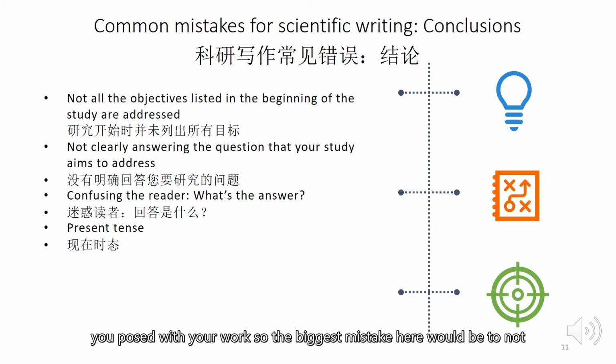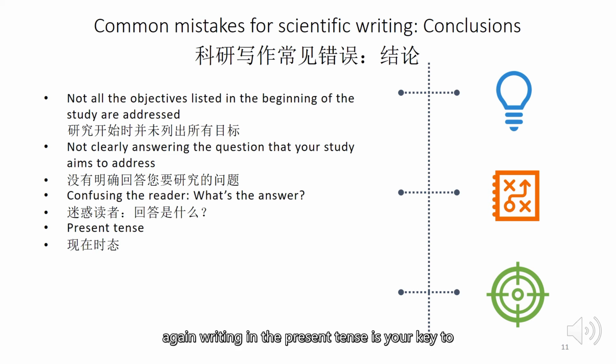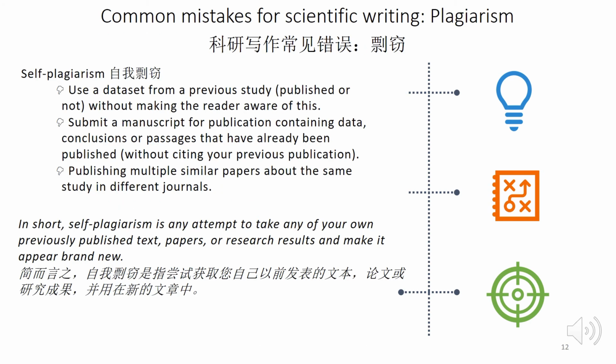So the biggest mistake here would be to not clearly answer the question that your study aims to address, confusing the reader and not telling them what's the answer. And here again, writing in the present tense is your key to effective communication.